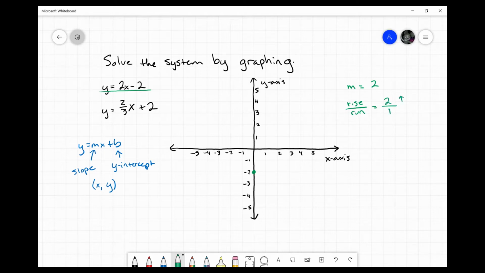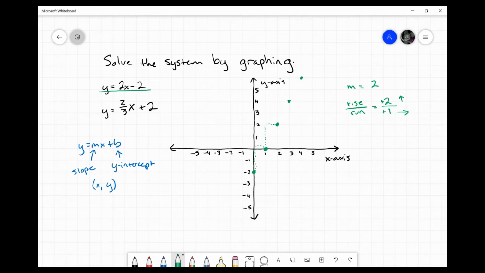So I'm going to be rising, going up 2, it's a positive, and then I'm going to be running, it's a positive 1, which means I'm going to go right 1. I would go up 2, and then I'm running right 1. And that is where I'm going to plot the point. And I can do that again, where we're going to go up 2 and over 1 and plot a point.